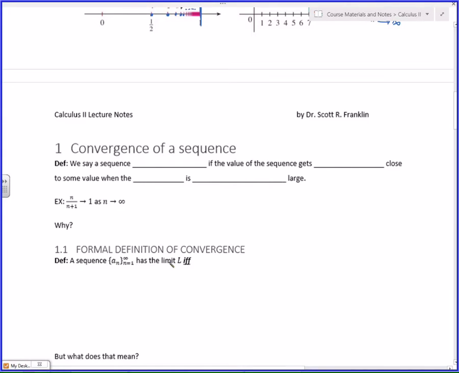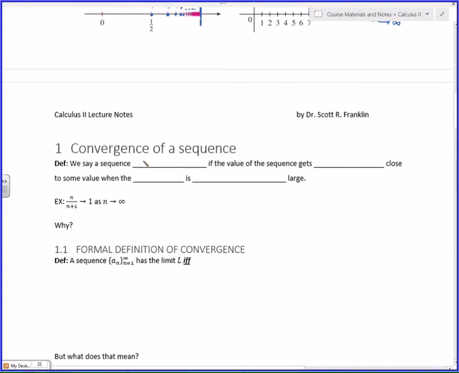When we did limits back in Cal 1, hopefully you learned the epsilon delta definition of the limit. I'm going to give you an epsilon N definition for this limit.